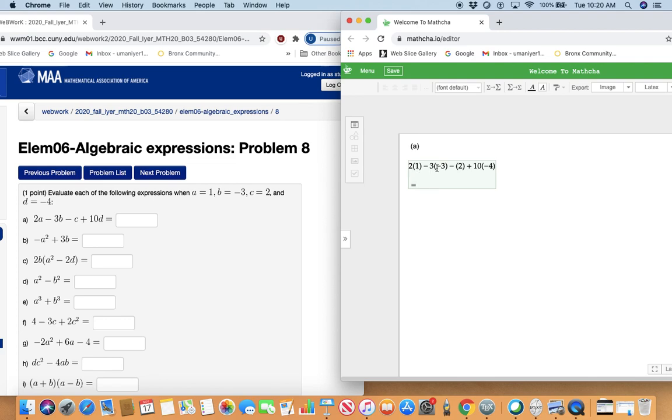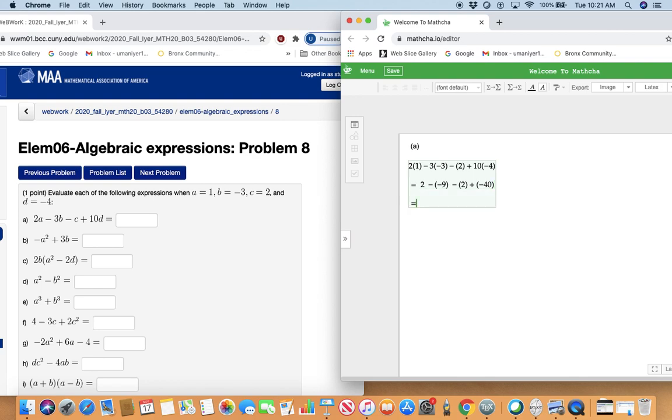Now you have multiplications, addition, subtraction. Multiplications take precedence, so go through all the multiplications. 2 times 1 is 2, minus 3 times -3. 3 times -3 is -9, minus 2 plus 10 times -4 is -40.